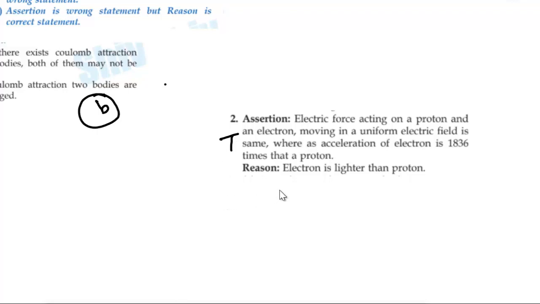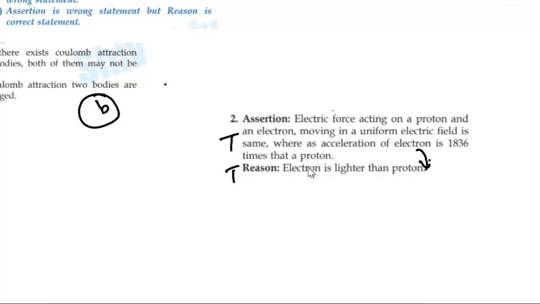Okay. Then electron is lighter than proton. Is this statement true? Yes, this statement is also true. Then, since electron is lighter than proton, we are getting acceleration of electron as 1836 times that of proton. So this is the explanation for the assertion.